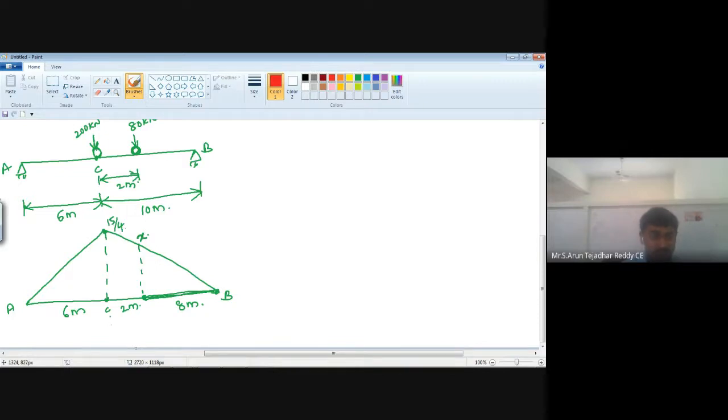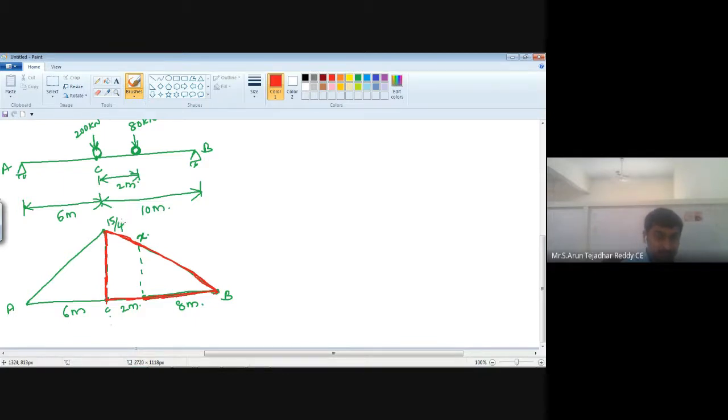So consider first of all the bigger triangle. This is our bigger triangle, the red color. Red color is the bigger triangle. Now in this triangle, what is the perpendicular?